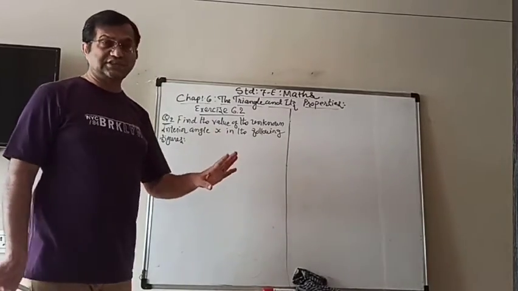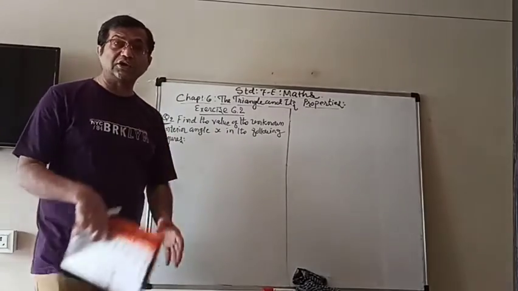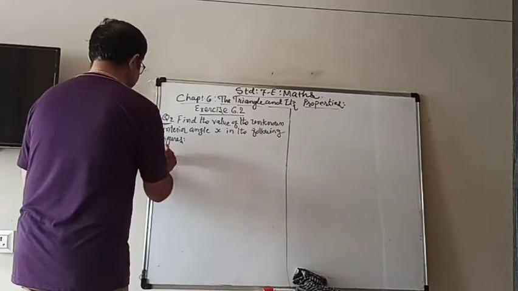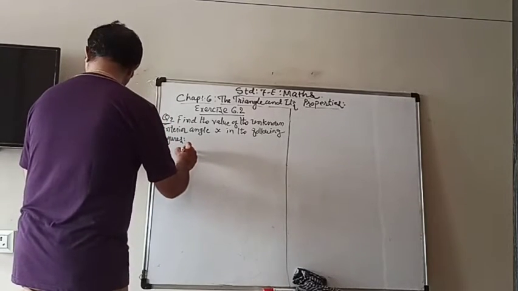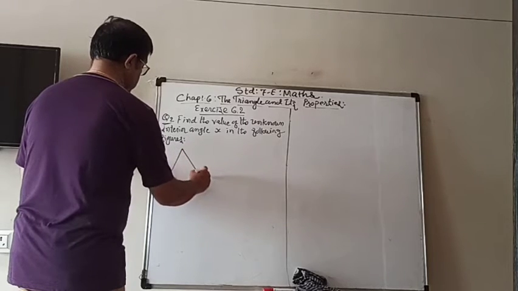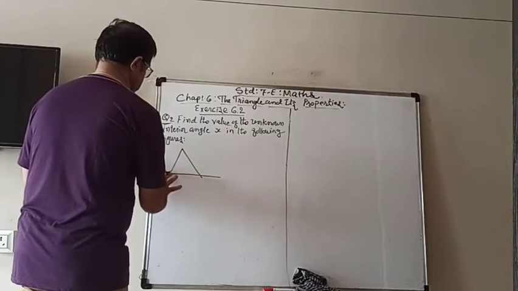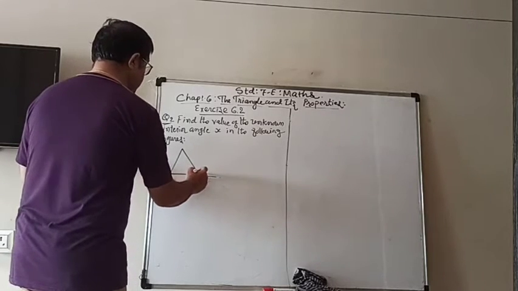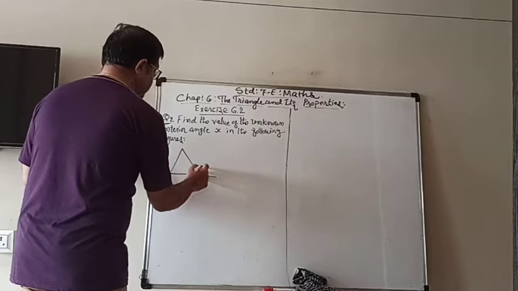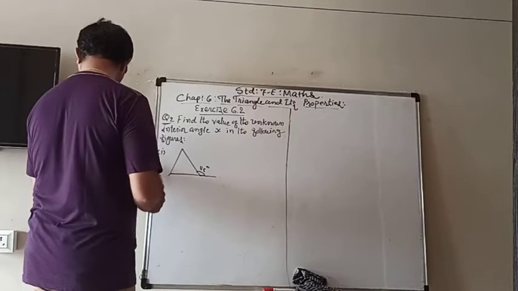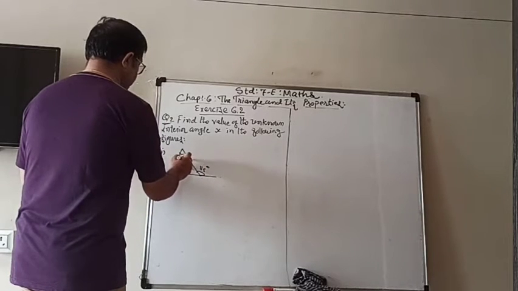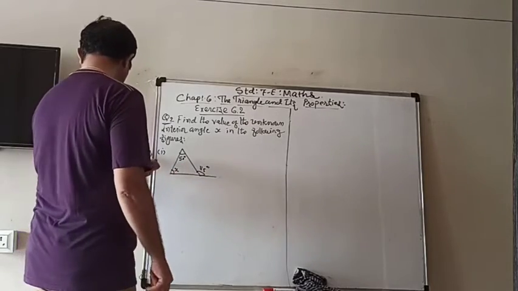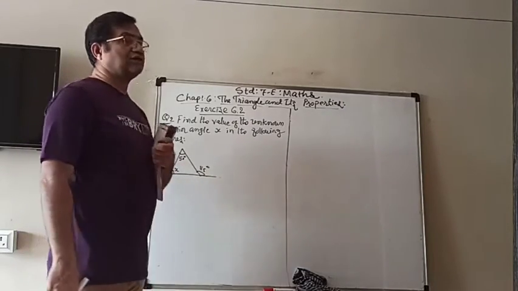So they don't see where the unknown is given. Look here. In the first figure, here the exterior angle is 115 degree, 50 degree and x here. Now generally what do the students do?